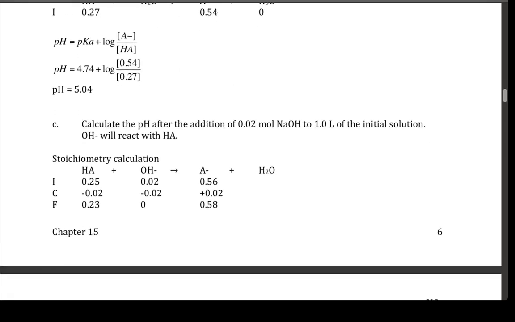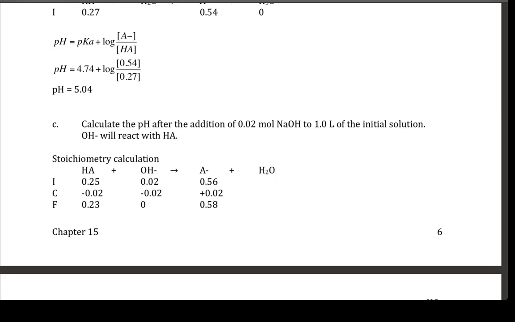Next is part C of this same buffer problem. Calculate the pH after the addition of 0.02 moles of NaOH to 1.0 liters of the initial solution. Well, NaOH is a source of OH minus, so the OH minus, being a base, is going to react with the acid part of our buffer, HA.